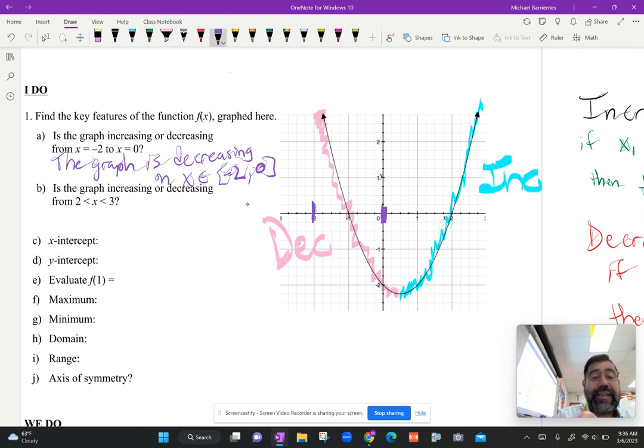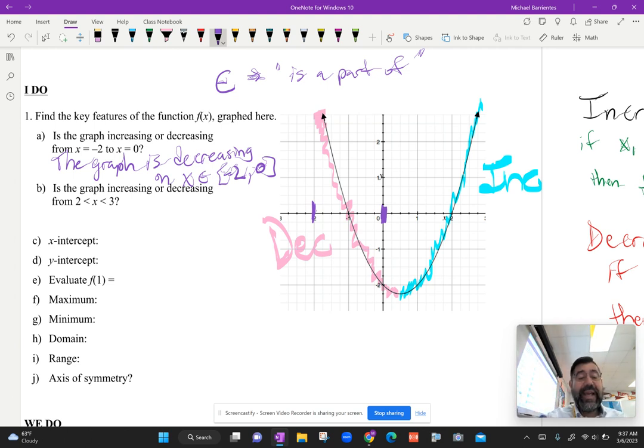Okay, so a couple of things. This symbol is the element symbol. It means is a part of or is a member of. It kind of looks like a C with a little line. It almost looks like an E, but it's curved.